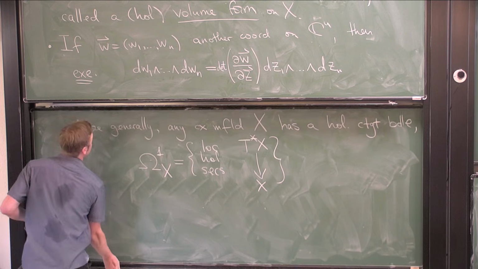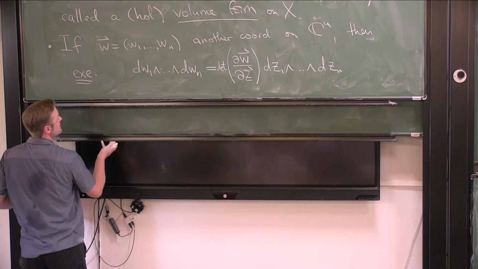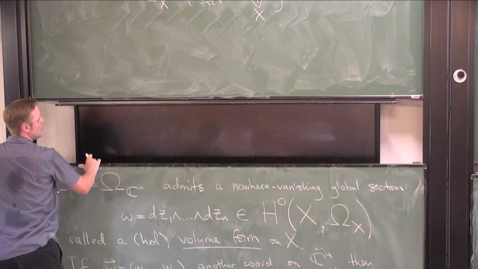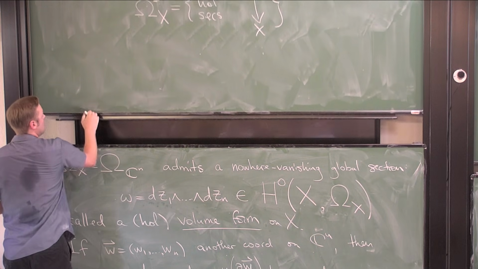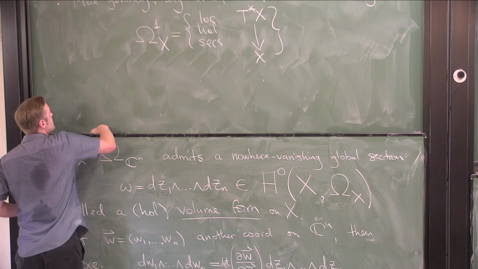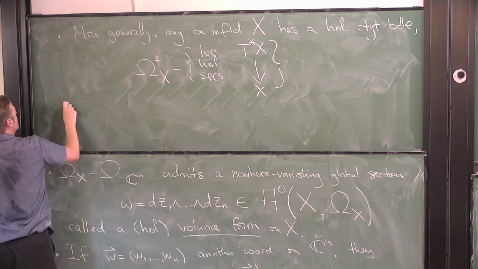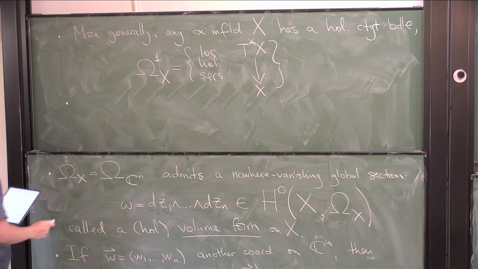And this happens to be a vector bundle of rank n. And so if I take the nth wedge power of this vector bundle, I will get a line bundle.